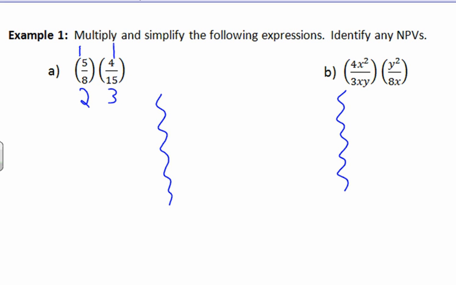Okay, so you divided the 5 and 15 by 5 and the 4 and 8 by 4. 1 over 6. So that's one way, we reduce ahead of time. Did a lot of you do that? Yeah, did anyone use a different method? What did you do, Kayla?